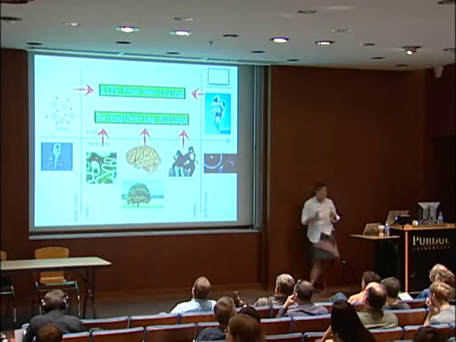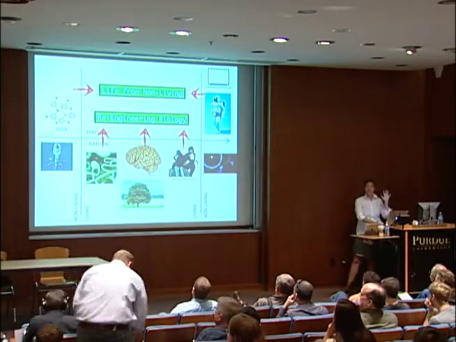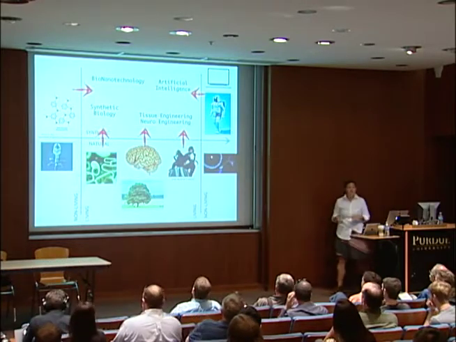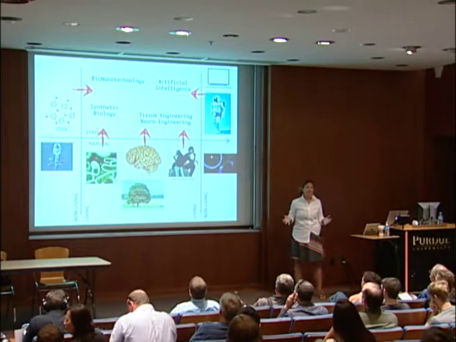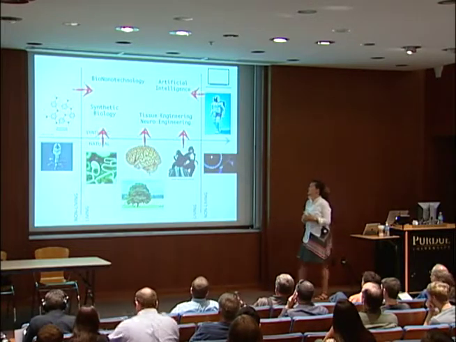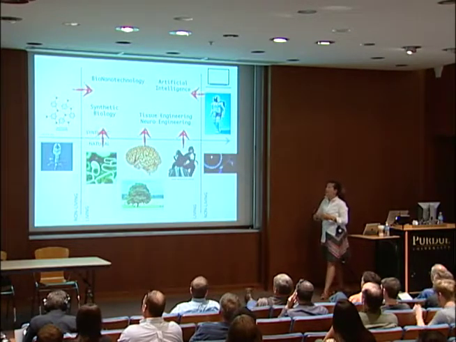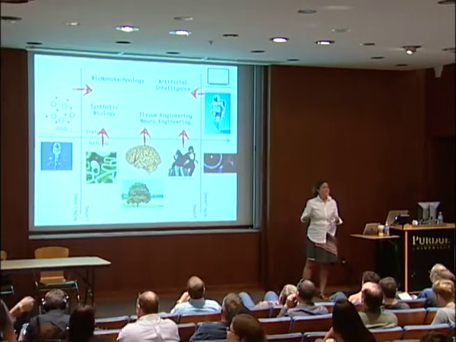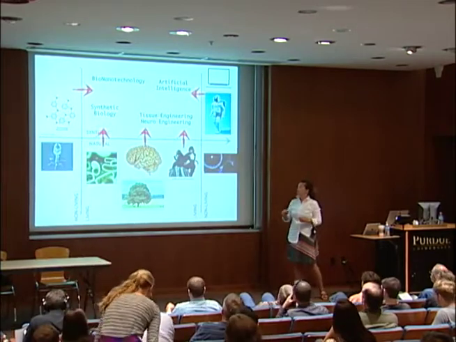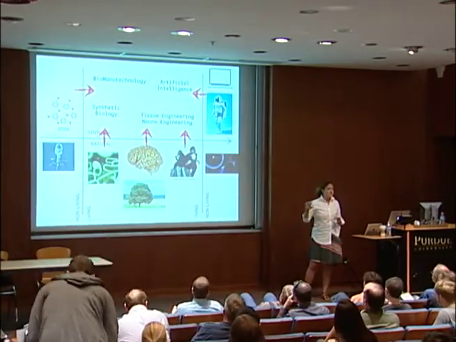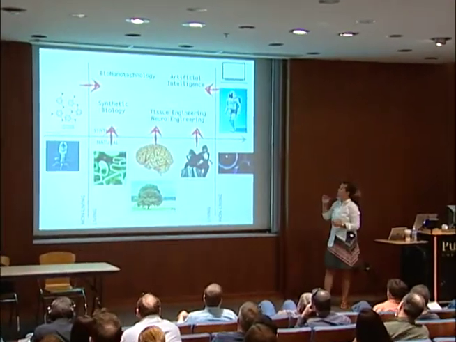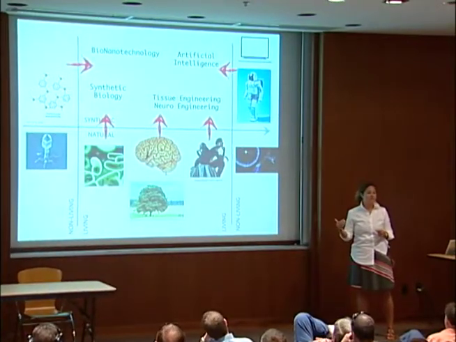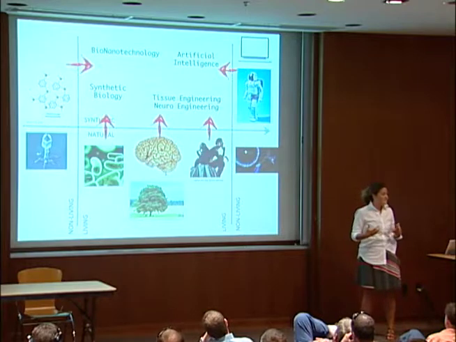And on the right here, there are several technologies, active areas of research happening now. With artificial intelligence, many of you have been to AI talks all throughout the day, the main theme of our symposium. AI fits into this. But what I want to talk about and understand too are these other technologies, including bio-nanotechnology, synthetic biology, tissue and neuroengineering, that have the potential to cross these boundaries from these other directions as well.